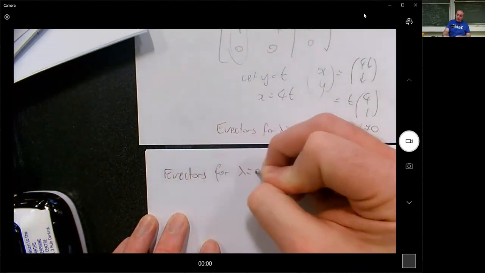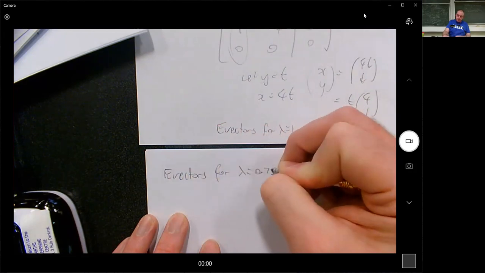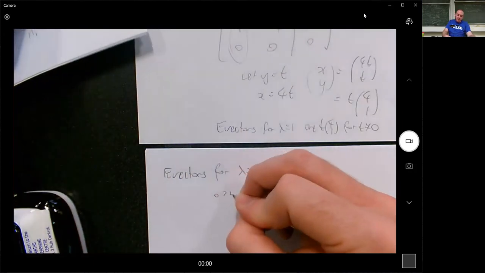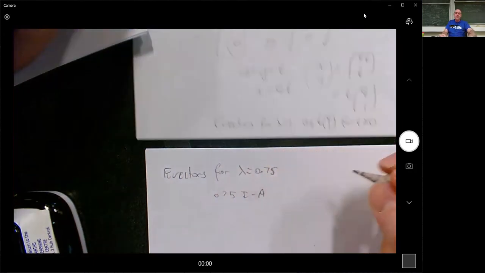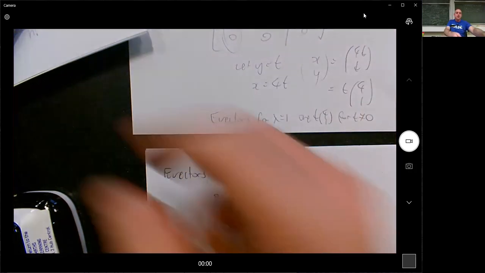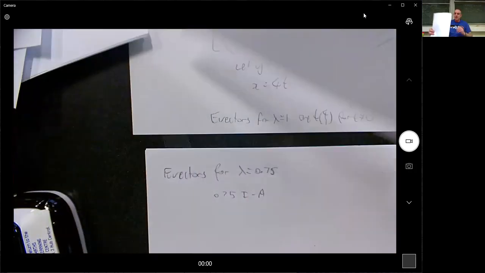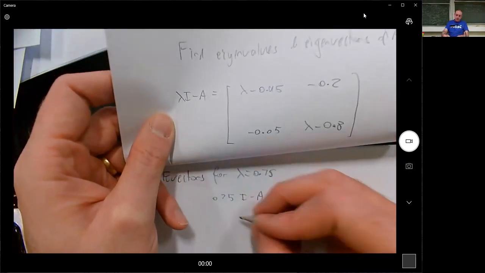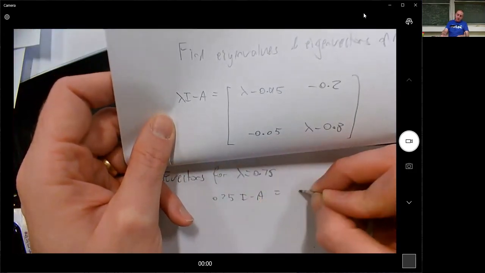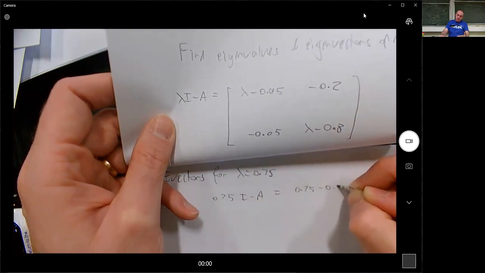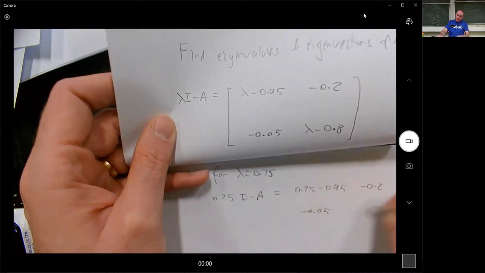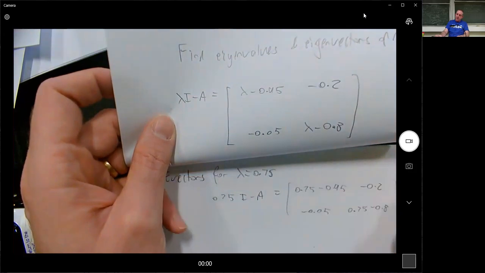for lambda equals 0.75. So this time I'm going to have 0.75i minus a. Where's my lambda I minus a? Here it is. So that's that matrix.